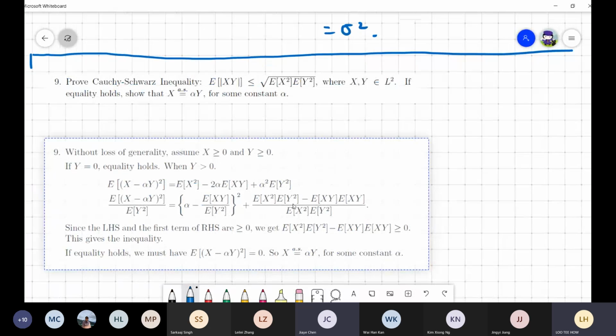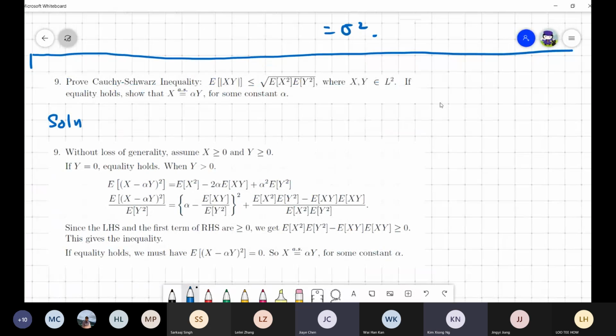Okay, so this is the Cauchy-Schwarz inequality. E of magnitude of X and magnitude of Y is less than or equal to this, whenever X and Y belong to L2, that means E of X squared is finite and E of Y squared is finite.